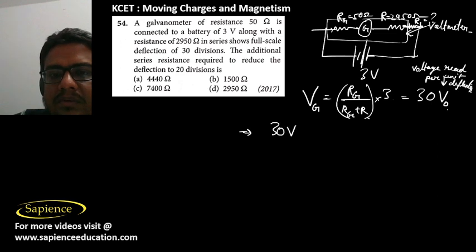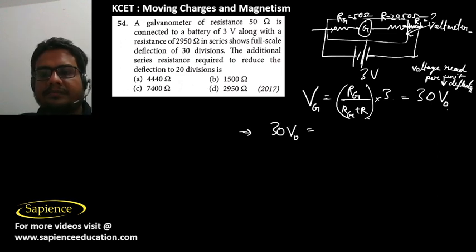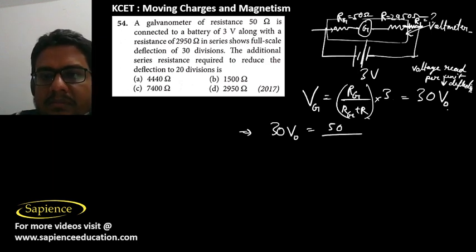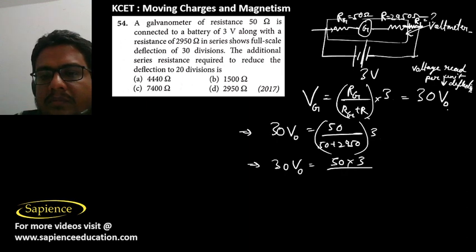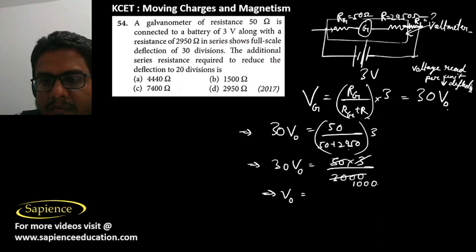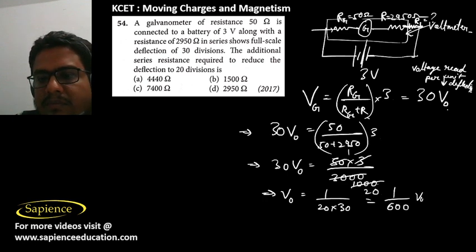Therefore 30 V naught is equal to 50 by 50 plus 2950 into 3. So this is 30 V naught equal to 50 into 3 by 3000, so this is 1 by 20. So V naught is equal to 1 by 20 into 30, that is equal to 1 by 600 volts.